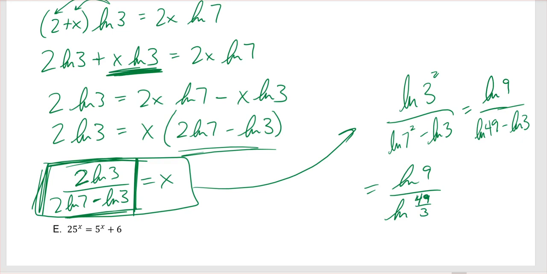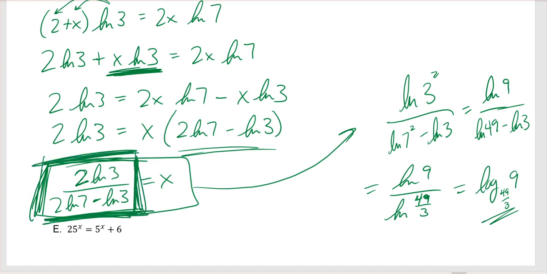And I mean, if we want to, we can use that change of base formula backwards and further write this as log base 49 over 3 of 9. If we want to write this as one logarithm, there we go. But just to be clear, this is good right here.